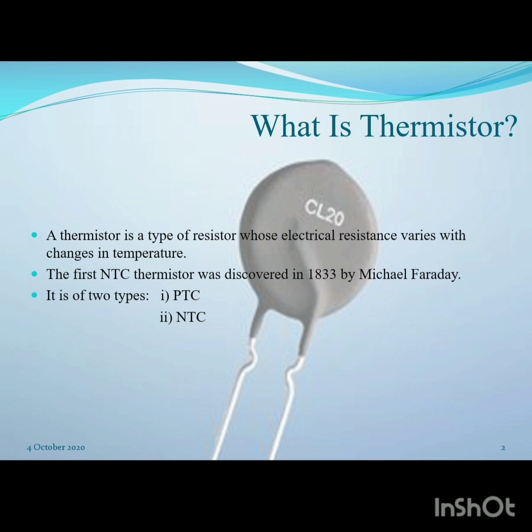So what is a thermistor? A thermistor is a type of resistor whose resistance is dependent on temperature. That means its electrical resistance varies with changes in temperature. Whenever the temperature changes, there is a change in the resistance.